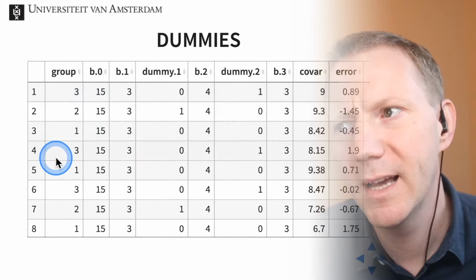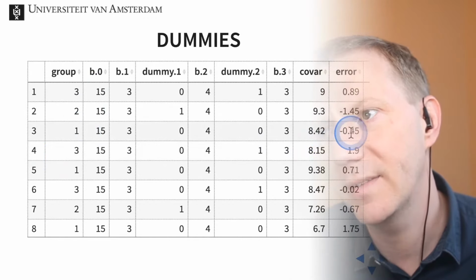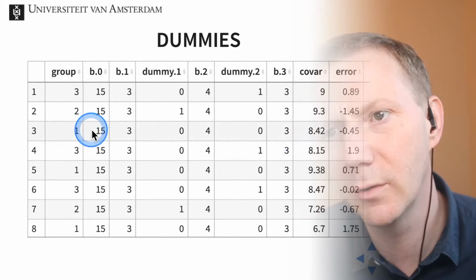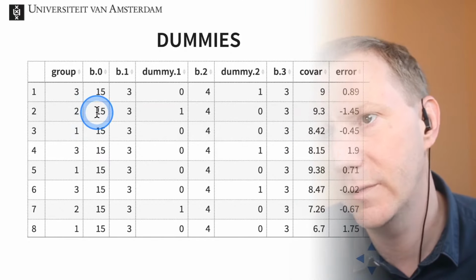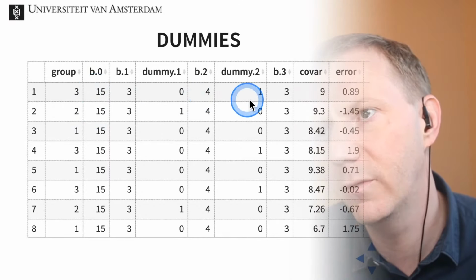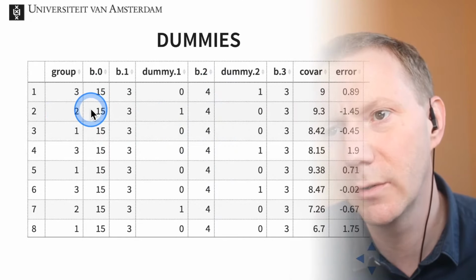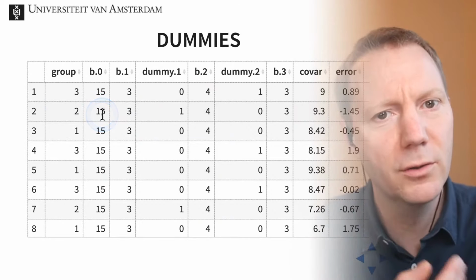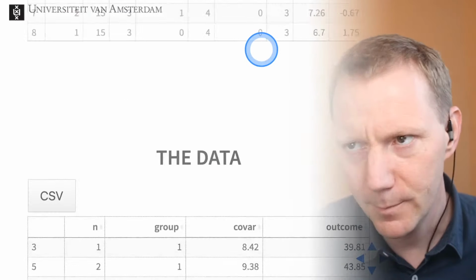Essentially, you would think that a Dutch person, if you don't take the error and the covariate into consideration, would score 15 on extroversion. A Belgian person should score 15 plus 4, so that's 19, and a German person should score 15 plus 3. Those are the group variables that we essentially have here.